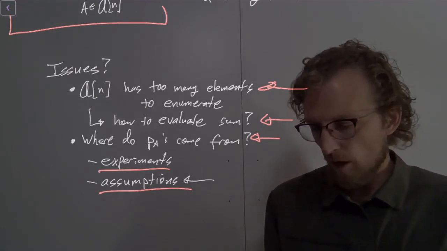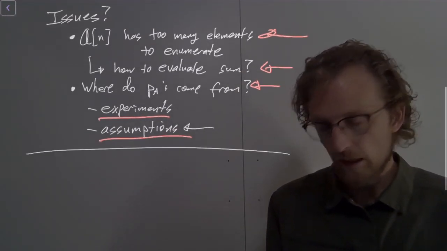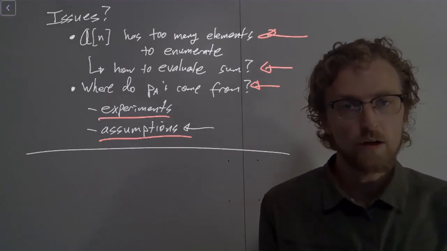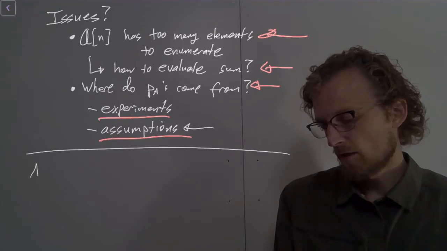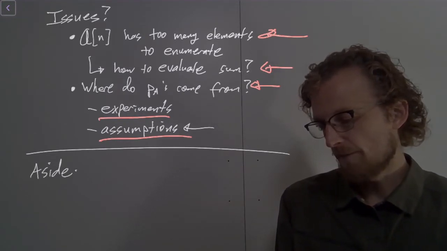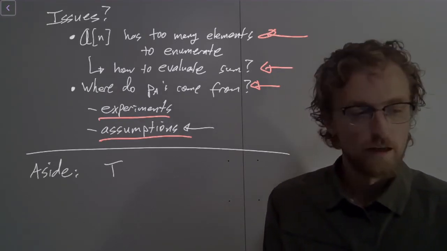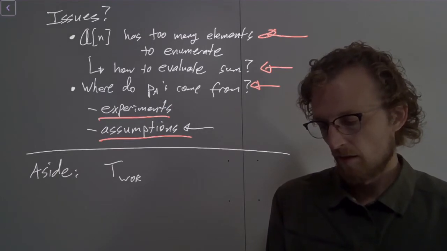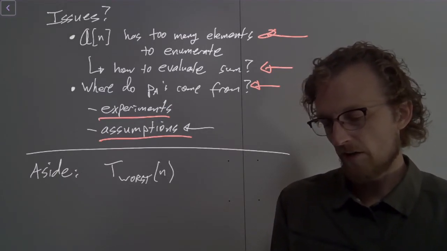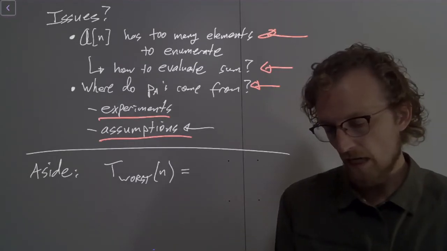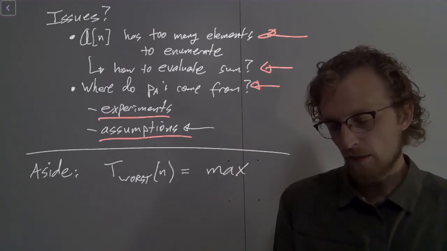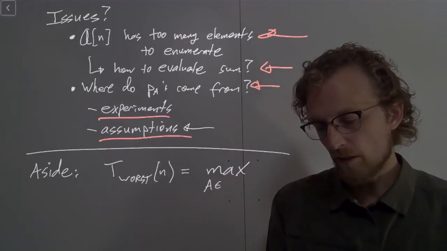So real quick, before I go too much further, I want to make sure that it's clear that we can actually use the notation I've defined above to define worst case and best case, and it's quite simple. So here's my little aside. I can define the worst case running time of an algorithm in terms of what's above by just discarding the probabilities and saying, let me look at the maximum over all possible inputs.